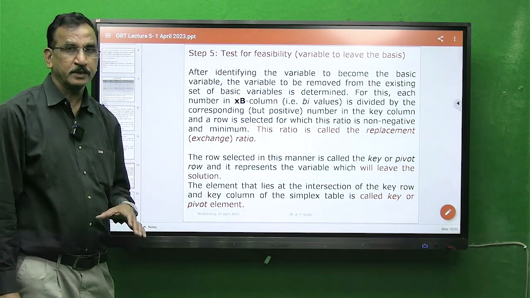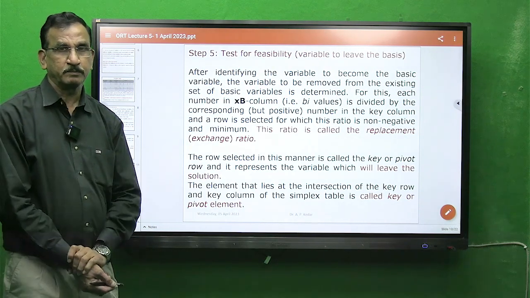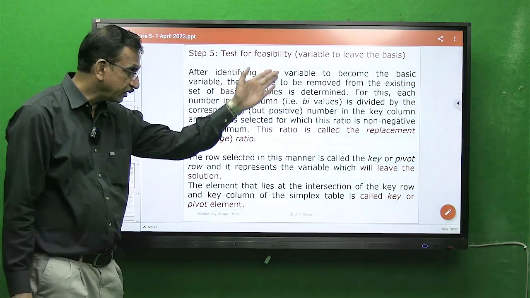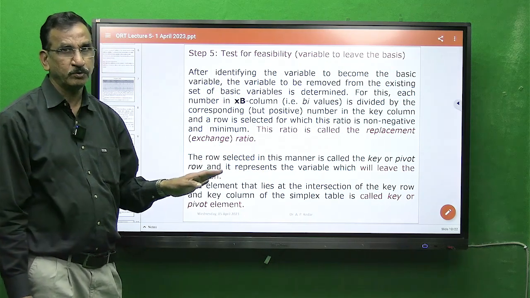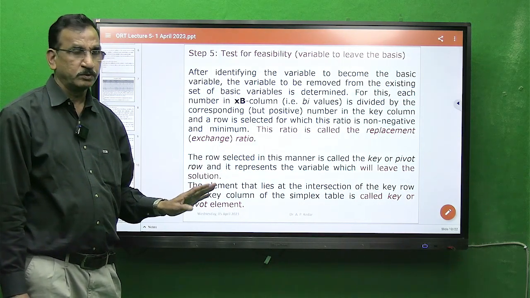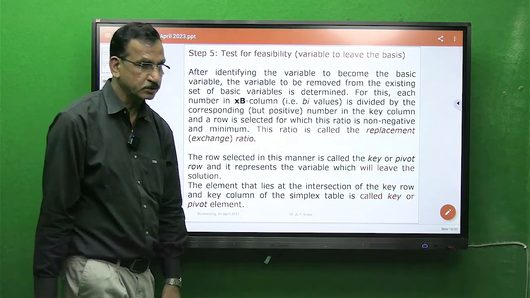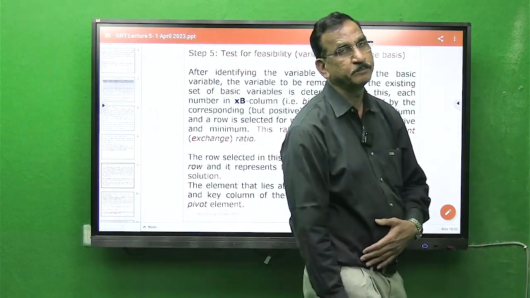Now when I say that improvement is possible, these are the detailed steps I have given for you. Definitely you can read the contents mentioned on the slide.